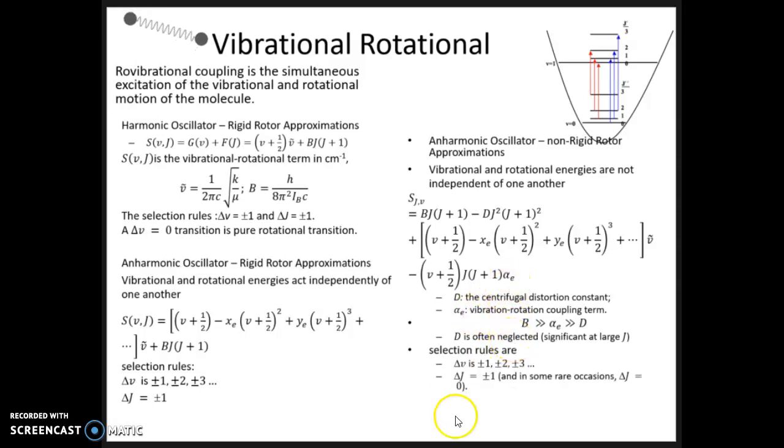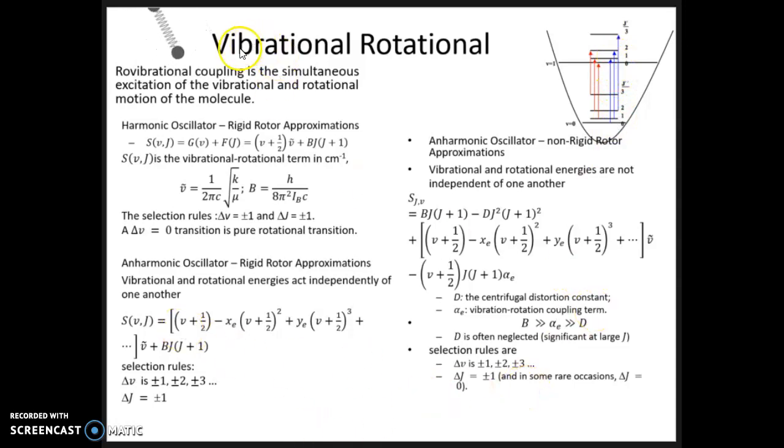The selection rules here are that delta v, the vibrational quantum number, can change by plus or minus 1. Overtones are allowed. Here we also have delta J changing by plus or minus 1, and on very rare occasions delta J being equal to 0. That would be like from J equals 1 to J equals 1.